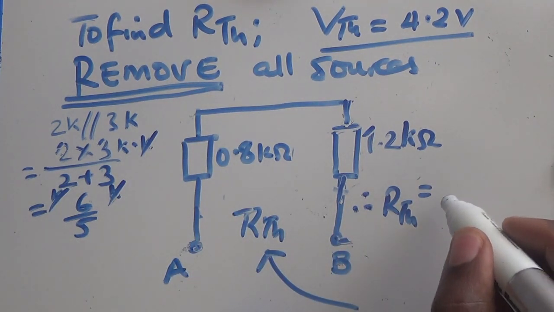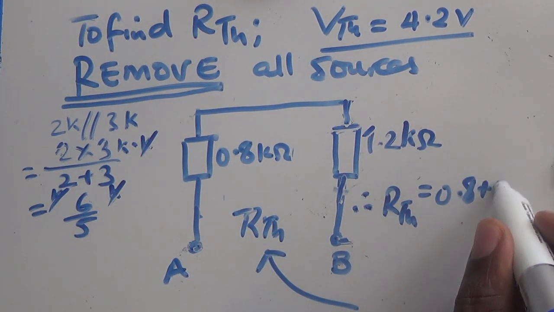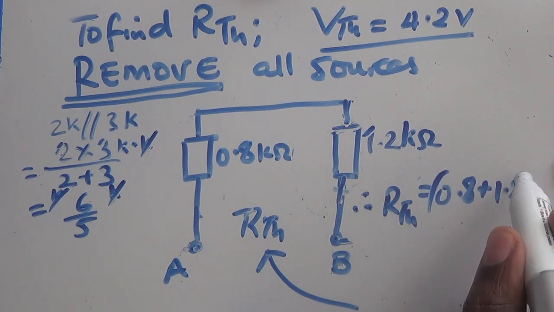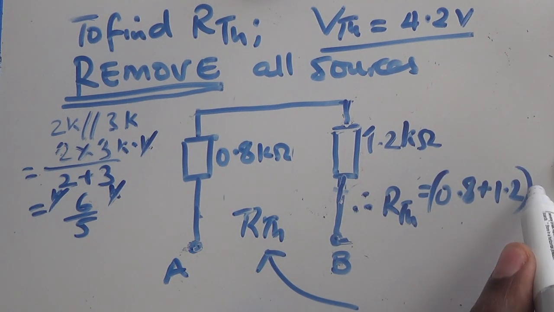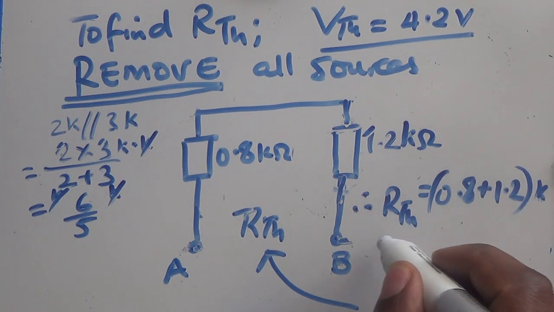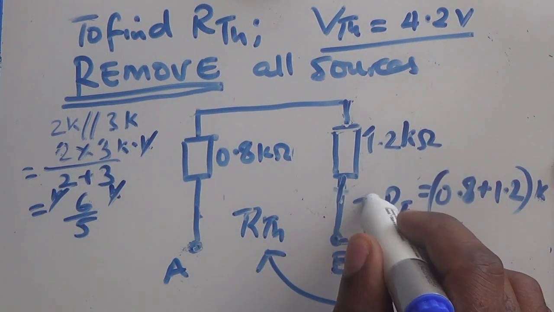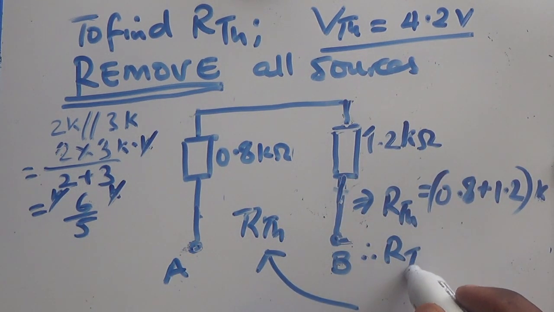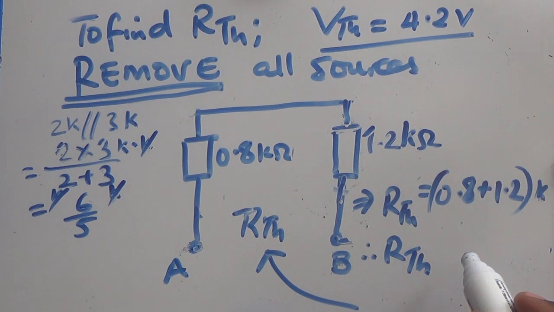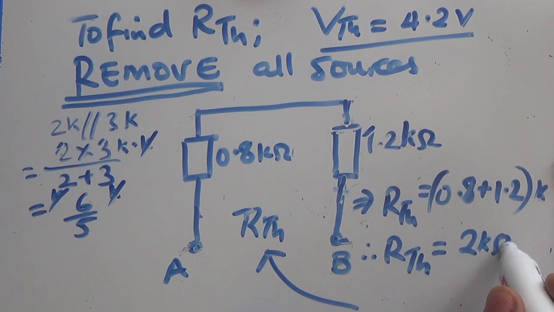So this would be the same as 0.8 plus 1.2, and this is kilo ohms, and therefore RTH, Thevenin's resistance, will be the same as 2 kilo ohms. Is it the case? Yes, 2 kilo ohms.